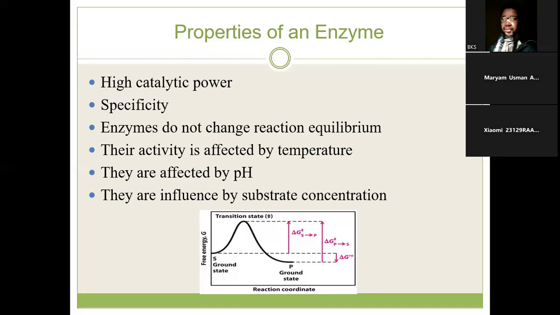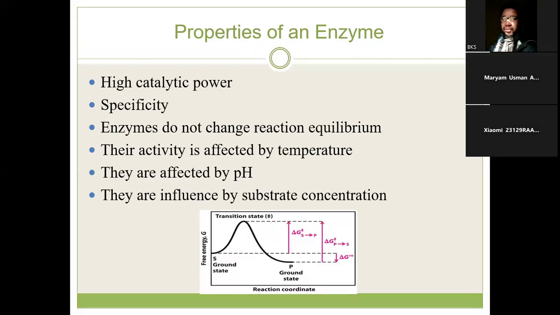In absolute specificity, you have an enzyme being specific to a particular reaction and to a particular substrate. You will see that this reaction can only be catalyzed by this particular enzyme, or this particular substrate can only be converted to product by this particular enzyme, no other.